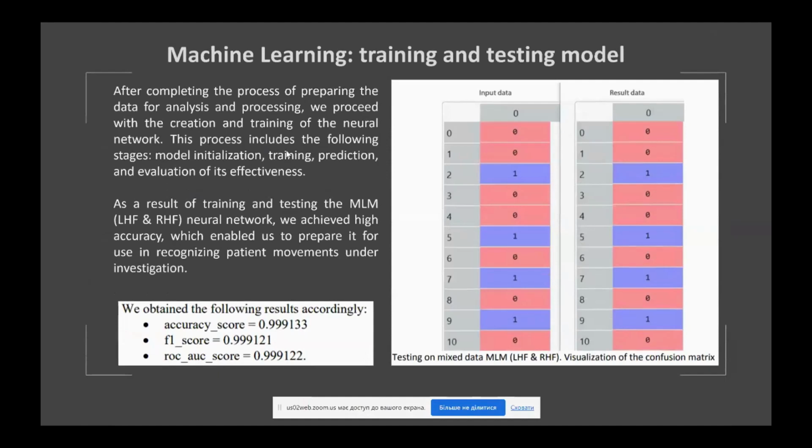On this slide, we can see testing data and input data which we set to our neural network.